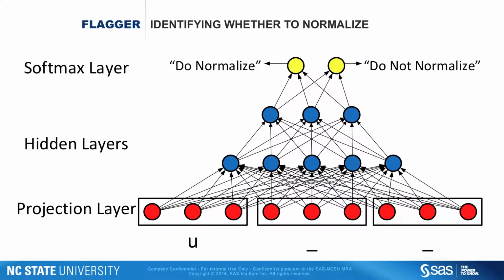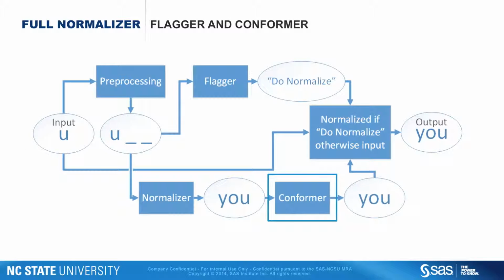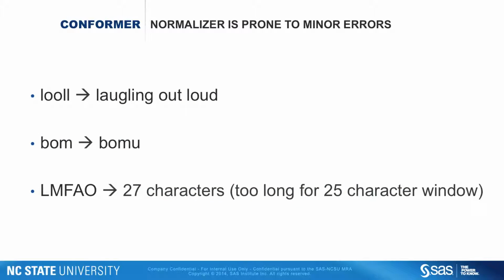So let me talk about the flagger. The flagger is pretty straightforward. It's the same structure as the normalizer, except it's just predicting whether to normalize or not to normalize. Meanwhile, the conformer is based off the observation that the normalizer is prone to minor errors. So, for example, there's a particular configuration of lol that will lead the normalizer to predict laggling out loud instead of laughing out loud.